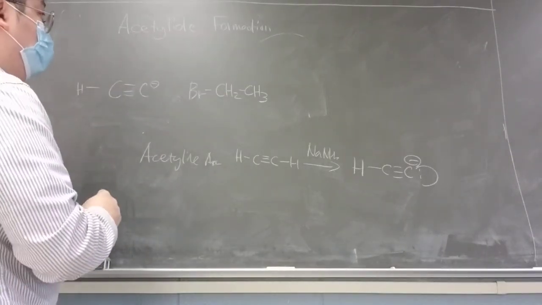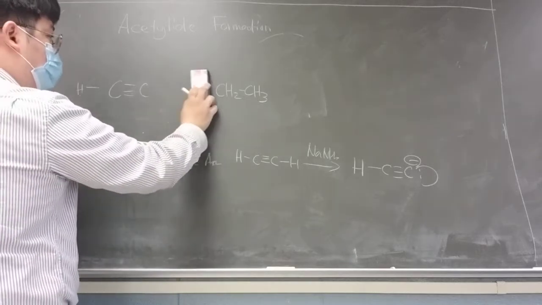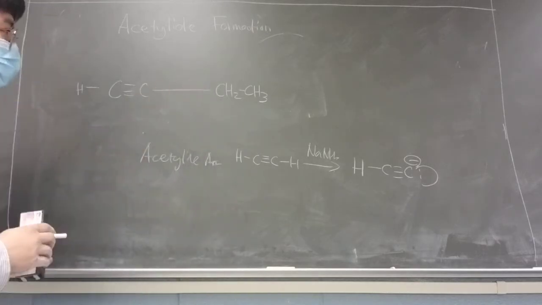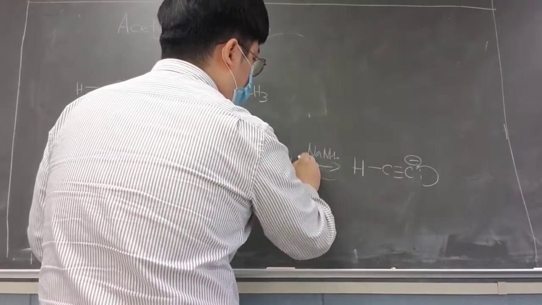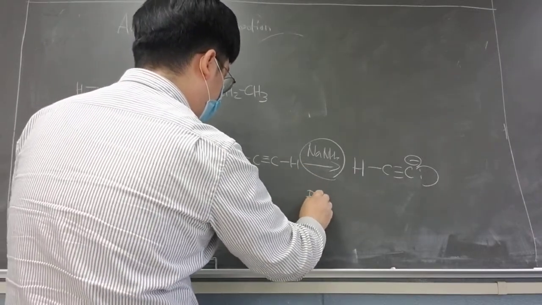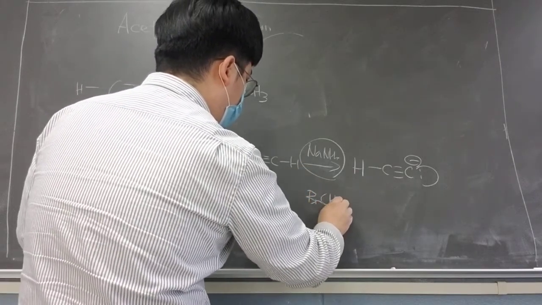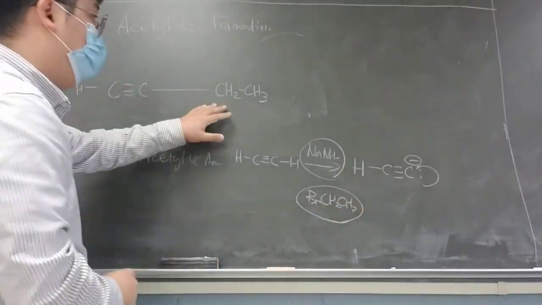But like I said, I'm not going to show you the mechanism again. Basically, what you just need to do is this one. So you do this one first, and the second step is this one. Now you got to here.